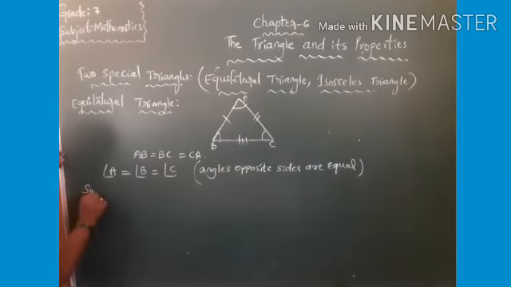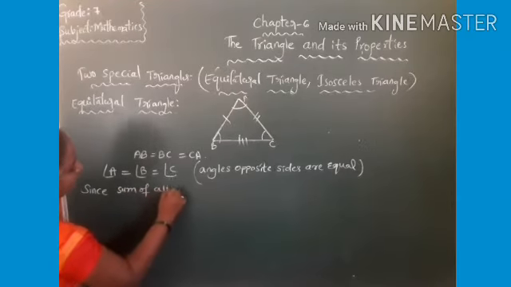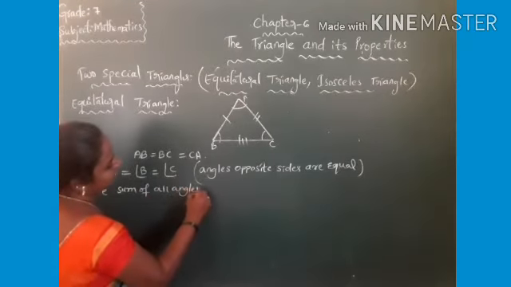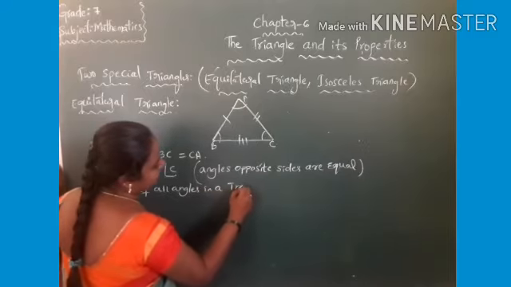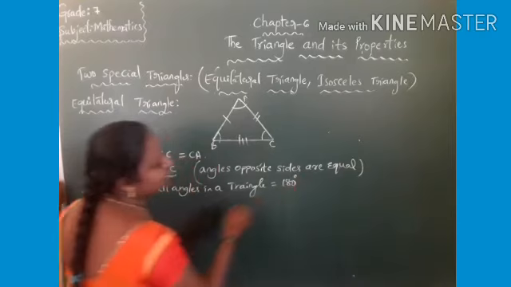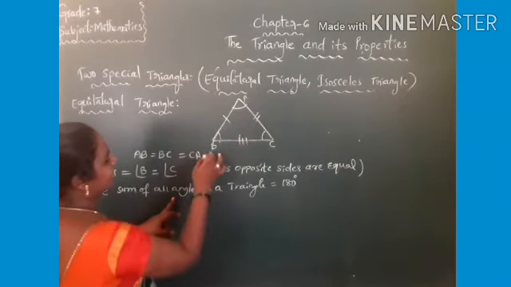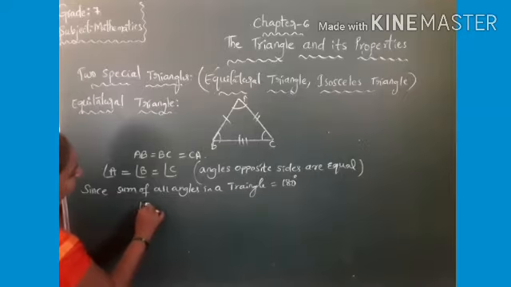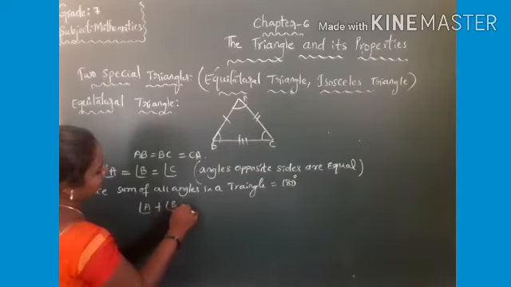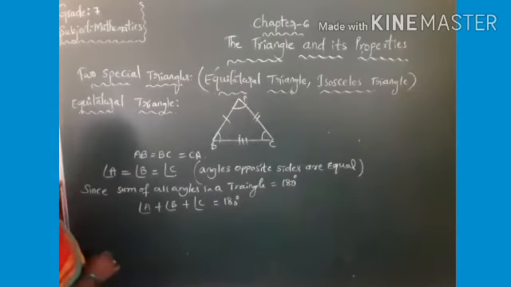Since the sum of all angles in a triangle is equal to 180 degrees, we have three angles, so angle A plus angle B plus angle C is equal to 180 degrees.